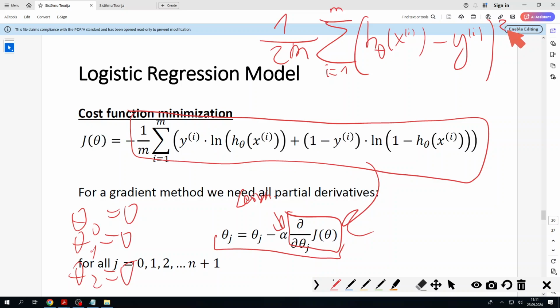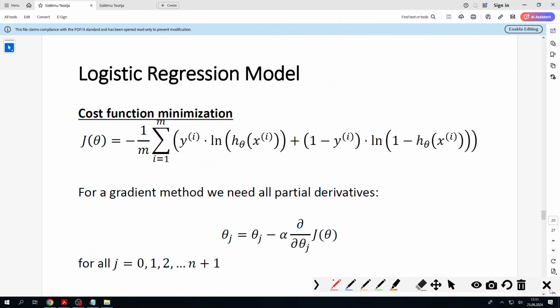So how is it then possible that the derivative for theta 0, theta 1, and all of them, is going to be exactly the same for this formula and for this formula, if these formulas are actually different? Well, it can happen, and it happens because we have selected a specific sigmoid function, yes, we have used m here, not double m, and all the other details. We have a freedom to do so, so we do so, just to have this as an answer.